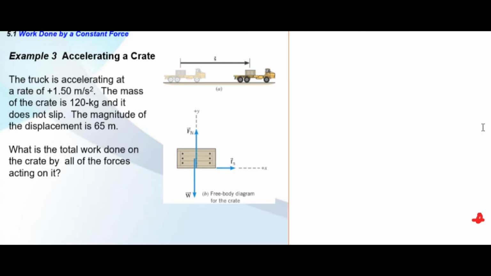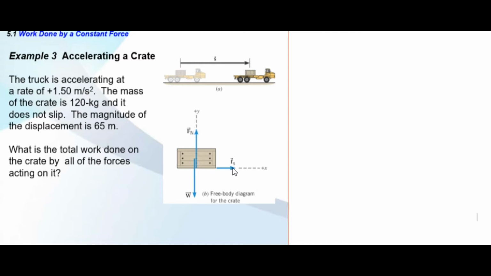Example problem, the crate. Let us first discuss the free body diagram. If you analyze the crate on top of the truck, the forces acting on the crate are just the weight of the crate going downward. Weight is equal to mass times gravity. And of course, the normal force in accordance to Newton's third law. So the weight, the normal force, and the frictional force.